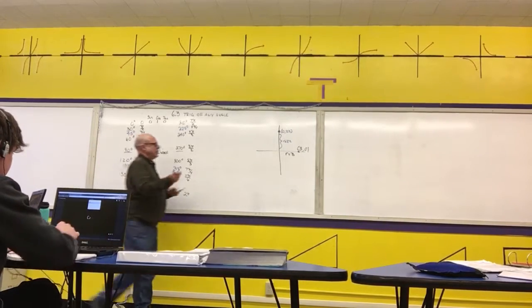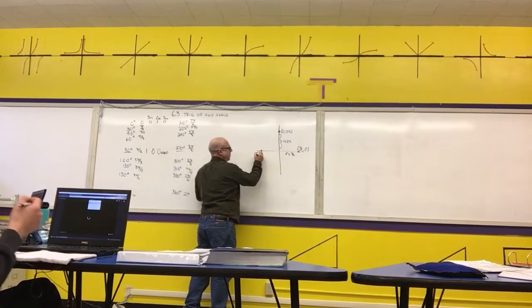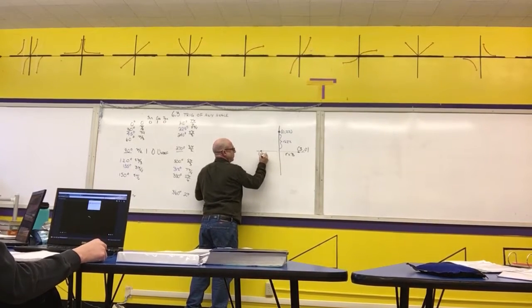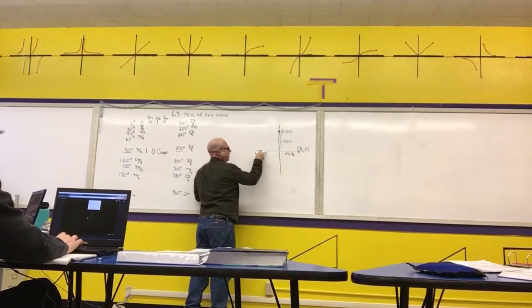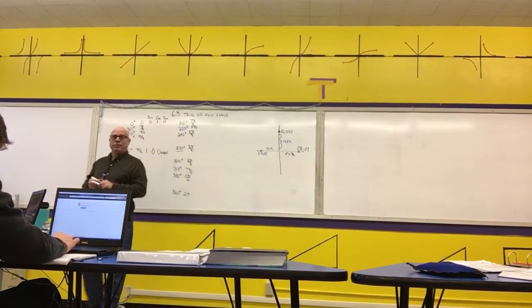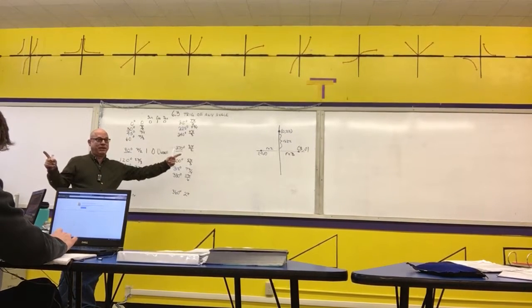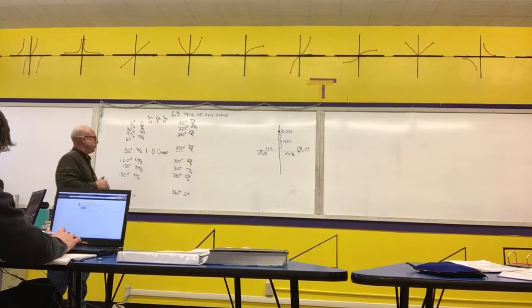Lane, give me a coordinate for right here. -2, 0. Okay. How far is it between here and here? 2. R's are never negative. It's a distance. It's a length. So the r is never negative.